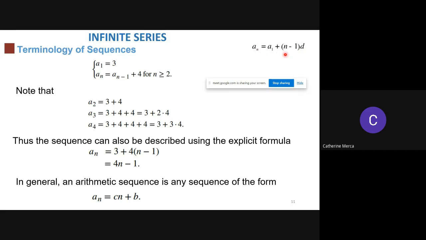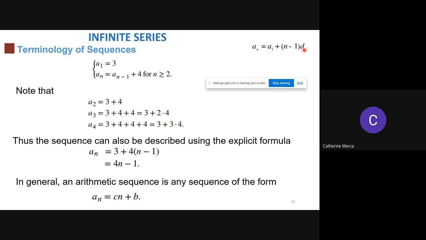This is the formula for your arithmetic sequence: a sub n equals a sub 1 plus n minus 1 times d, where this is the nth term, this is the first term, this n is the position of the term, and your d is the difference.